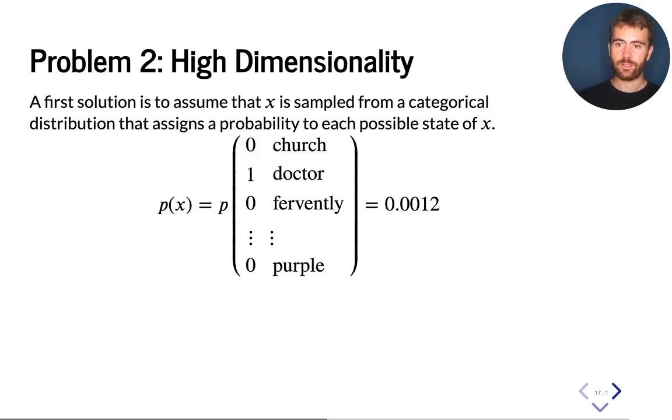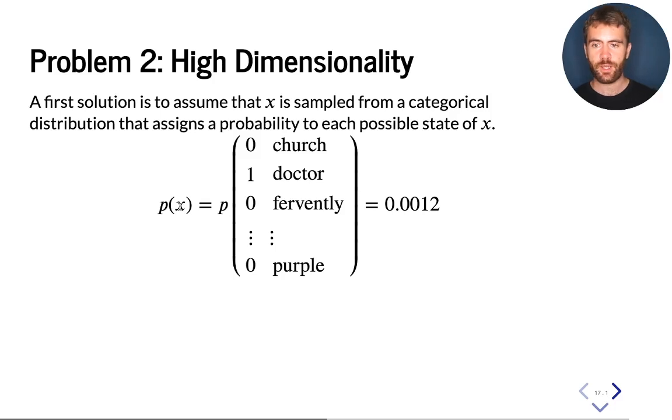If we apply the categorical distribution to this particular example, we are essentially going to have to define a probability for each possible x. I should have specified that x is a featurized version of the input text.